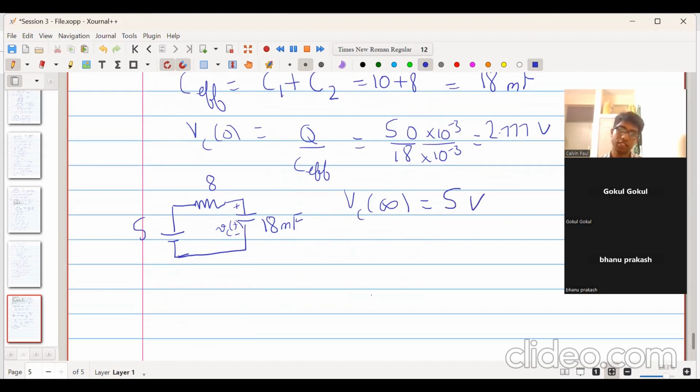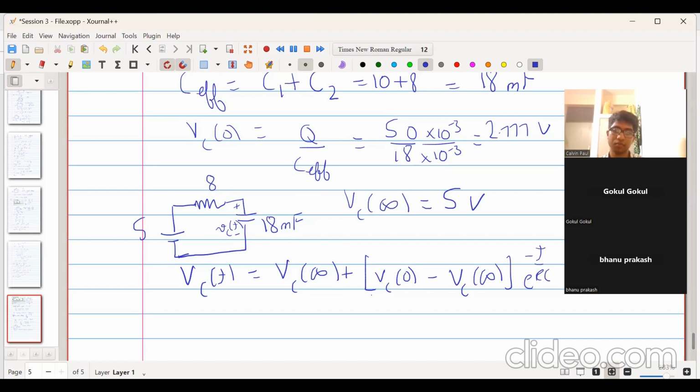Now the voltage across the capacitor with respect to time, there's the simple formula: Vc of infinity plus Vc of 0 minus Vc of infinity into e to the power minus t upon RC. RC is the time constant.